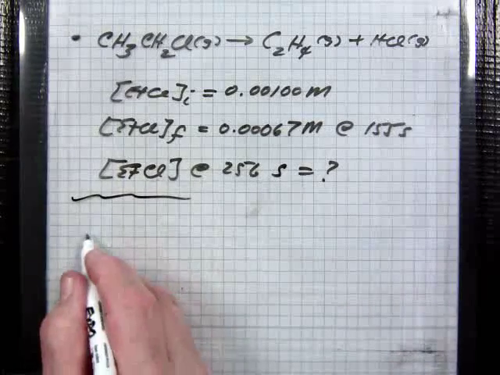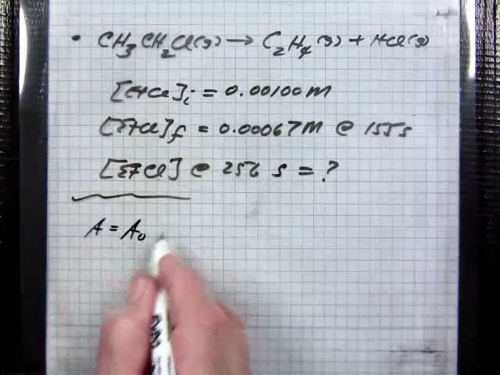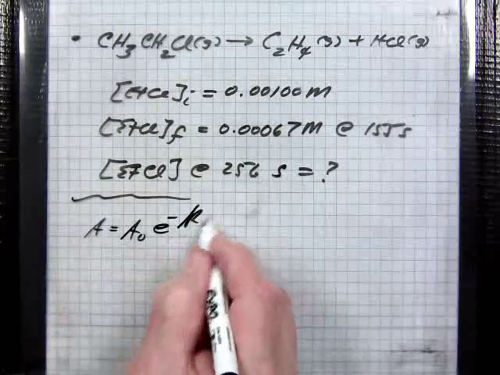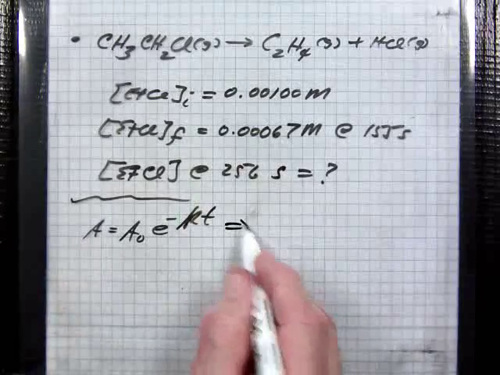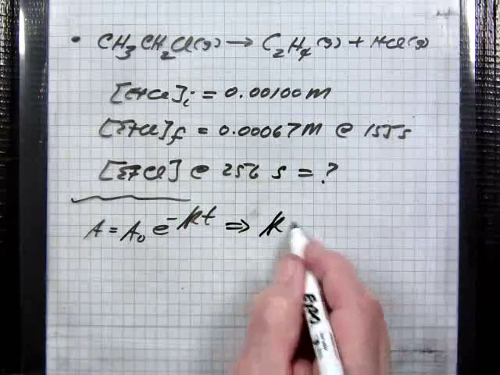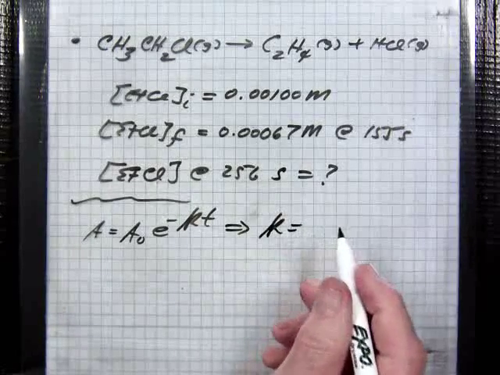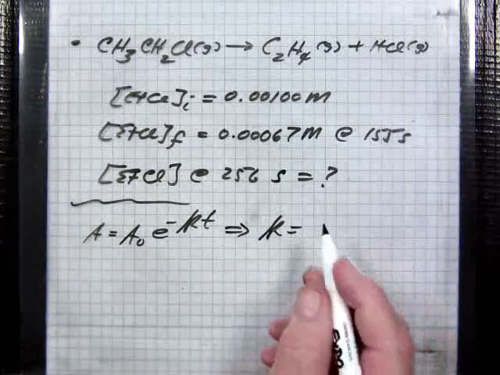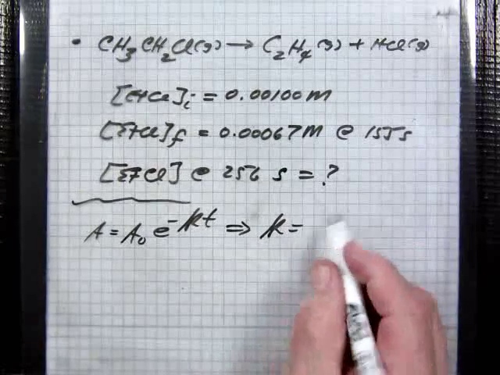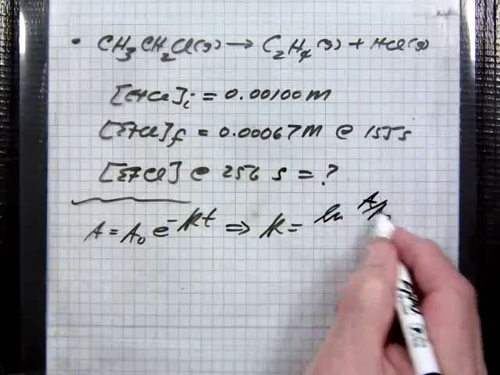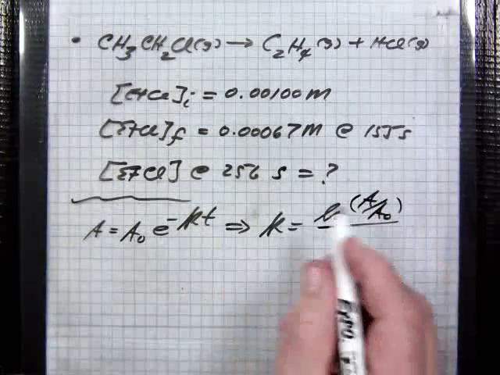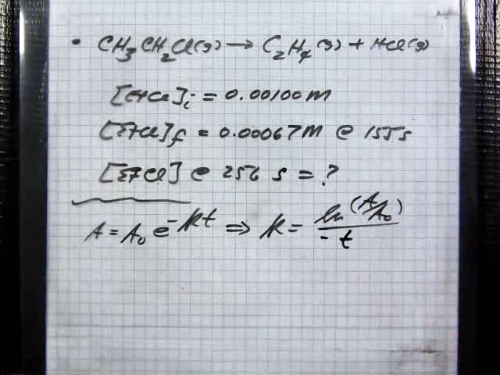So A equals A naught e to the minus Kt, and so we need to get the K value. Well, it turns out that K is equal to ln of A over A naught over the time, minus, like that. It works out to that.